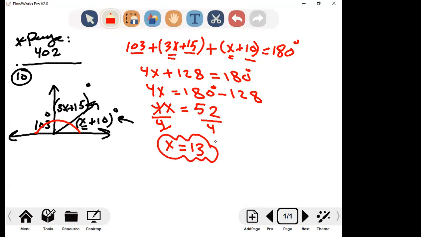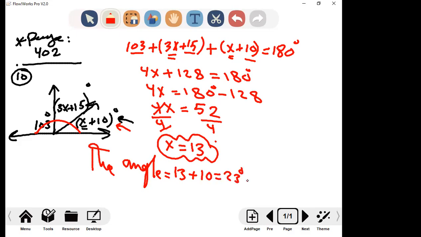So we found the value of x, but we didn't finish the question. The question wants us to find the value of this angle, x plus 10. So the wanted angle equals x plus 10. Now replace x by 13. It will be 13 plus 10, which is 23 degrees.